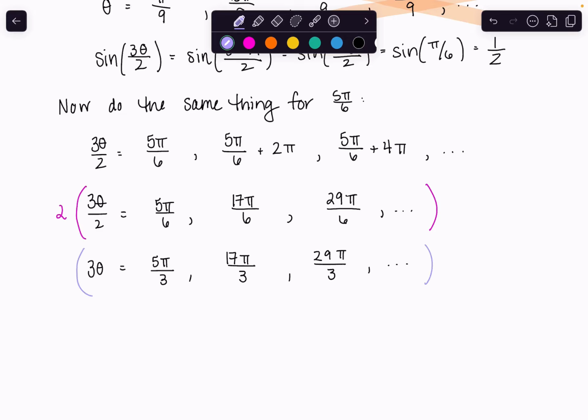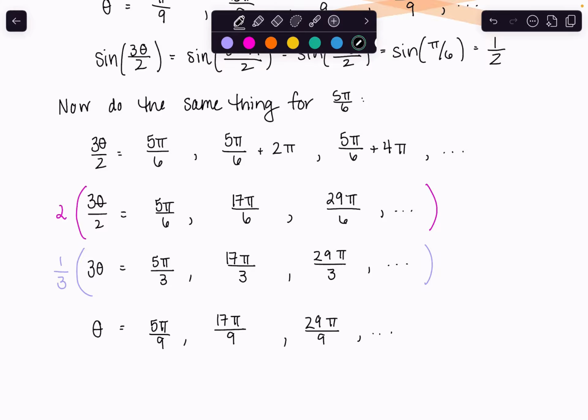And then I've got to get rid of the 3, so I multiply by a third, cancels that out, and turns all of the 3's into 9. So we get 5 pi over 9, 17 pi over 9, 29 pi over 9, and then so on.